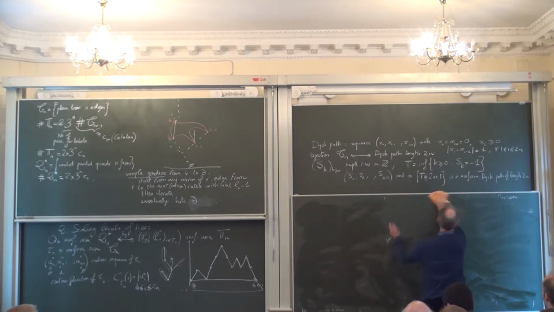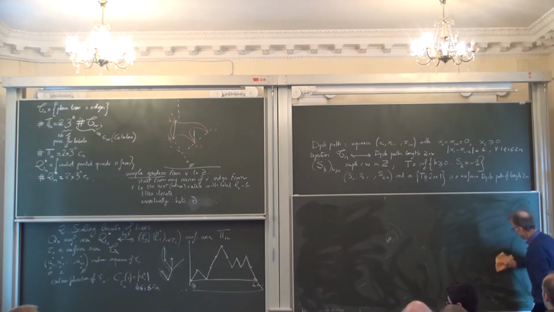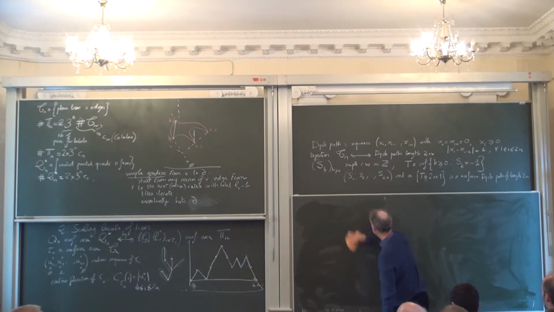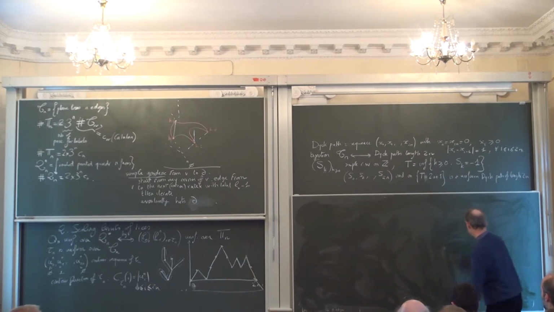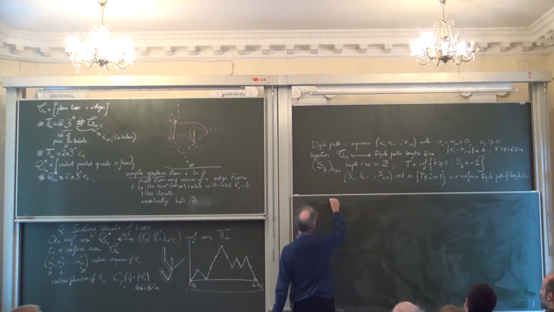The idea is very simple. We just have here a conditioned random walk, and essentially we can use Donsker's theorem. So maybe I can state a proposition.